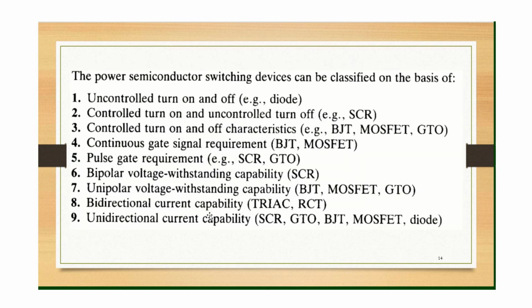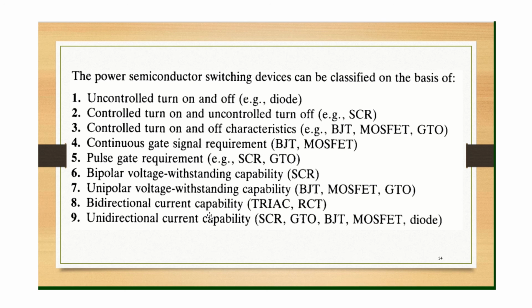Based on the control action, that is how the power semiconductor devices or switching devices are controlled, whether it is uncontrolled turn on and off or controlled turn on, there are different classifications again. The diode, we know, is an uncontrolled on and off device.